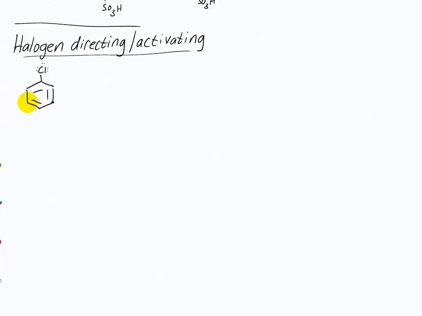So when you have something like this, you would expect it to be deactivating, because any intermediate that puts a positive charge here is going to be inductively destabilized relative to benzene.